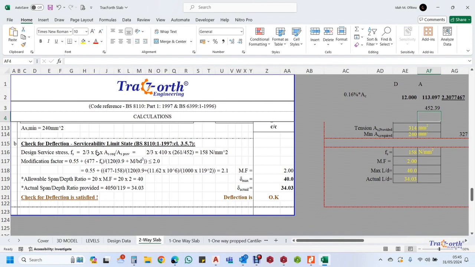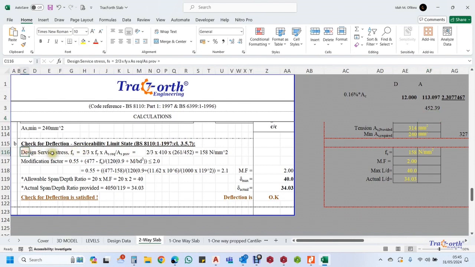You wouldn't want to see some level of deflection. So because of that, you must also check for deflection, which is also provided for under BS 8110, Part 1, 1997, Clause 3.5.7.